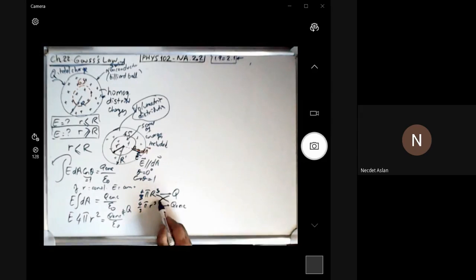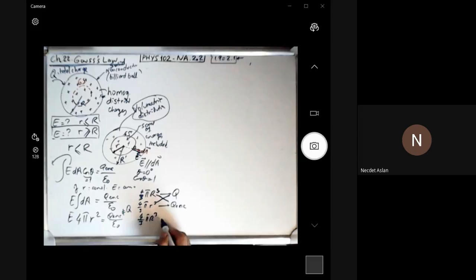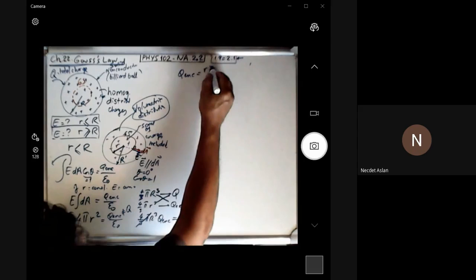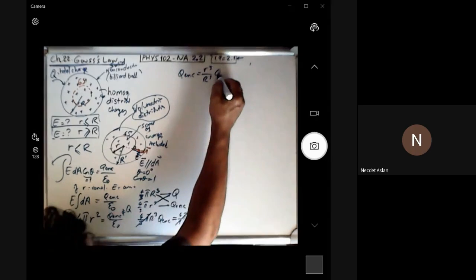So we use cross product, main diagonal, off diagonal. 4 over 3 pi R cubed times Q enclosed will be equal to 4 over 3 pi small r cubed times just Q. As you see, 4 over 3 pi's cancel each other, and then Q enclosed is given as simply r cubed over capital R cubed times Q, total charge.